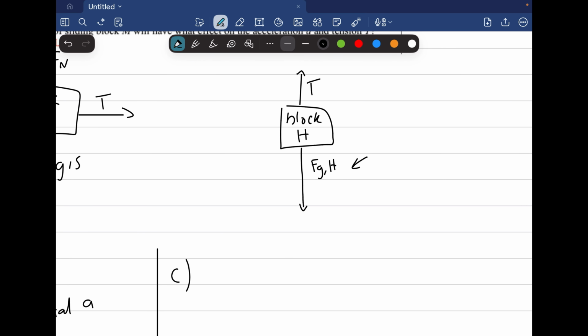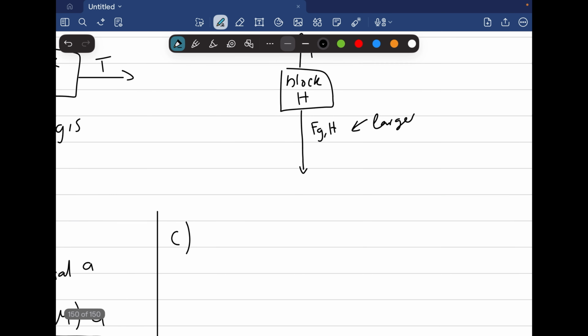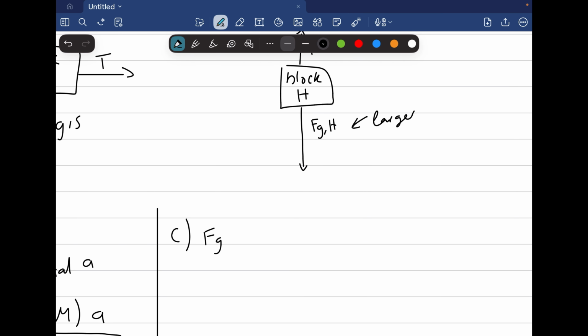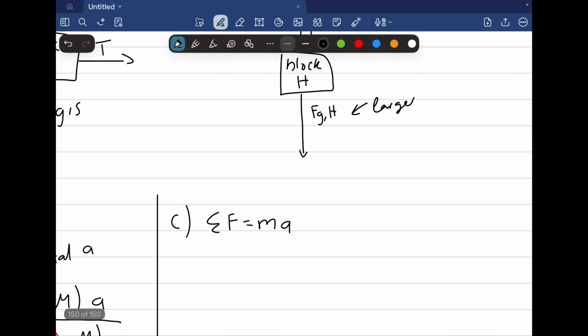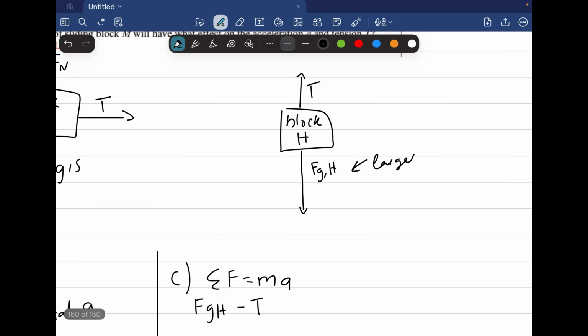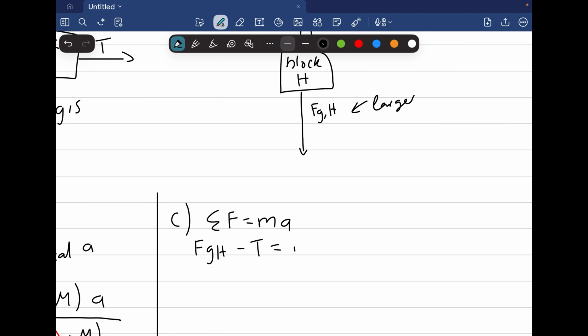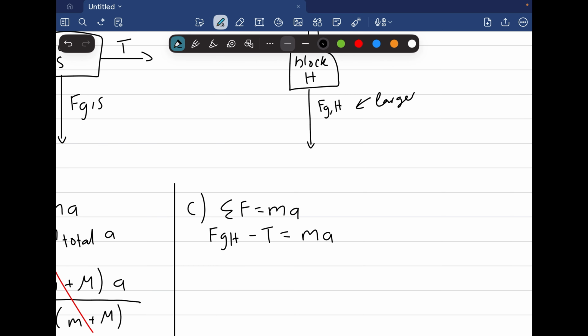Fg is larger, so I'll put that first. Newton's second law, and then Fgh minus the tension, the opposing force, is equal to ma, right?